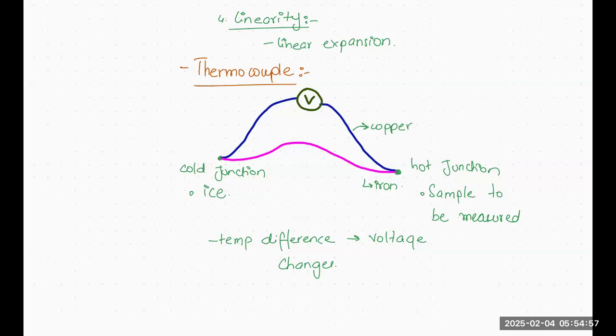The voltage change is non-linear, which means that maybe from 0 degrees to 10 degrees, it will give you 10 millivolts change. But then from 80 to 90, it might give you 100 millivolt change. So the change in voltage is not the same for change in temperature. So that is one of the problems with the thermocouple.